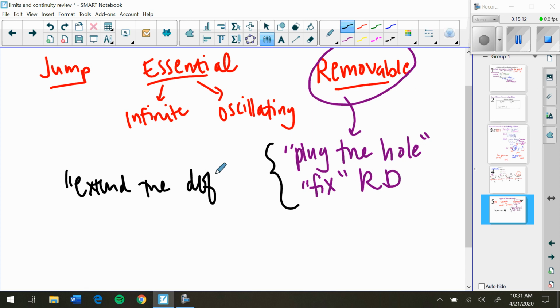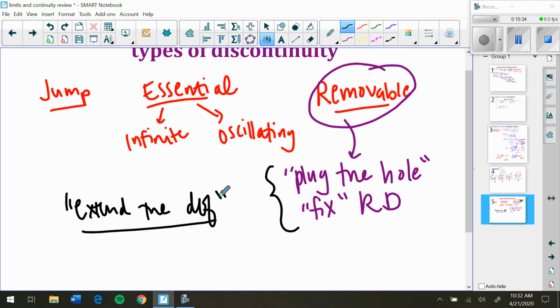Extend the definition. And basically what we did is we took the limit to see what our y value should actually be at that point, and whatever our limit is would be the actual value we would want in that definition. I'll probably do an example of this one later, but I don't want this video to be too long.